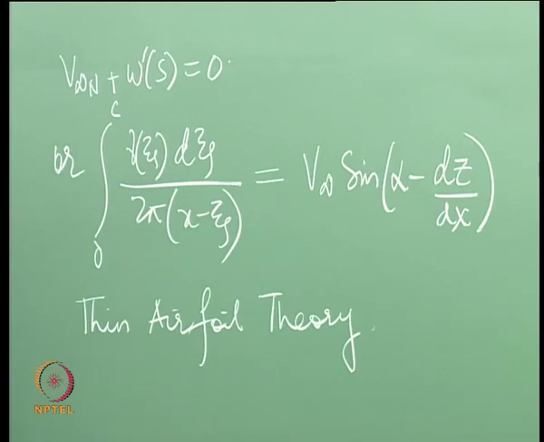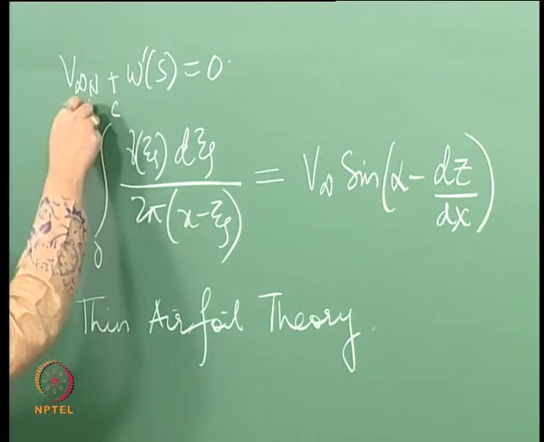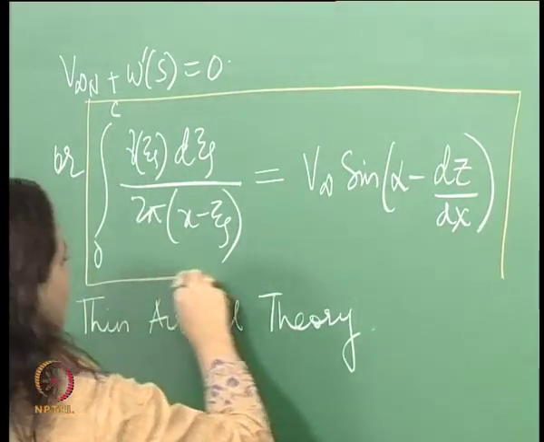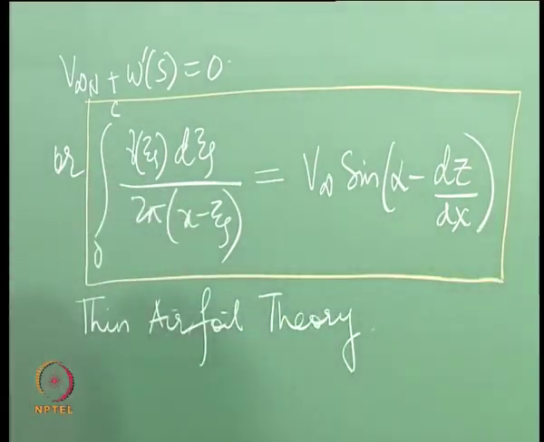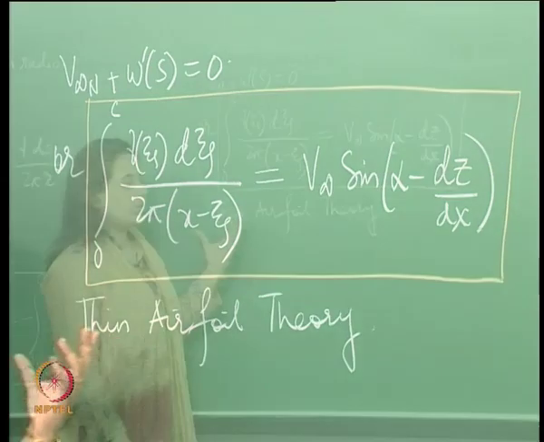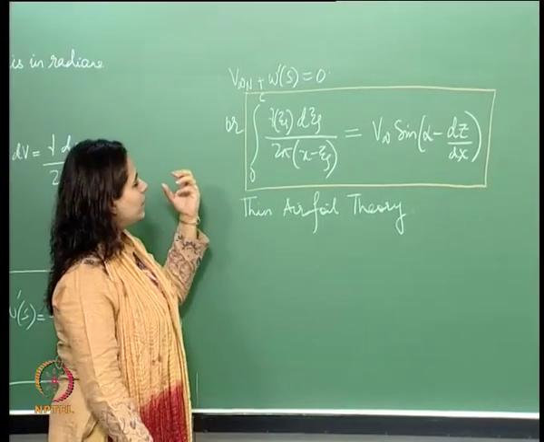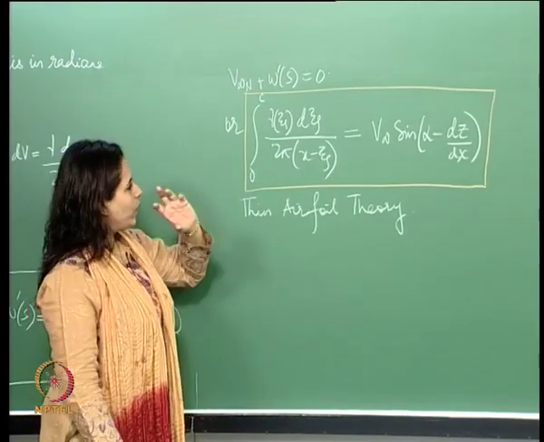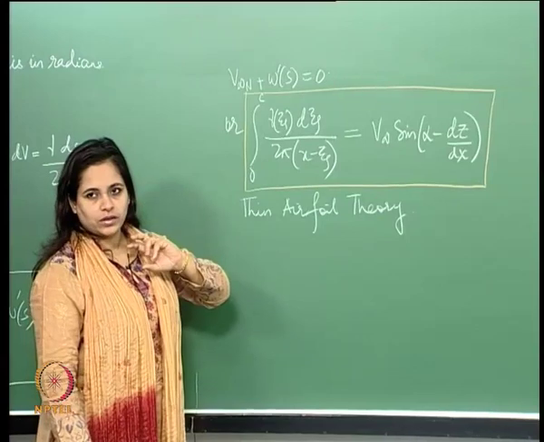So if I'm going to box this up, so okay, this is essentially the statement of the thin airfoil theory, which is nothing but the imposition of the zero normal boundary condition, where the camber line is a streamline.